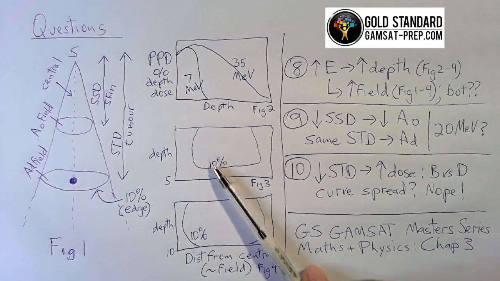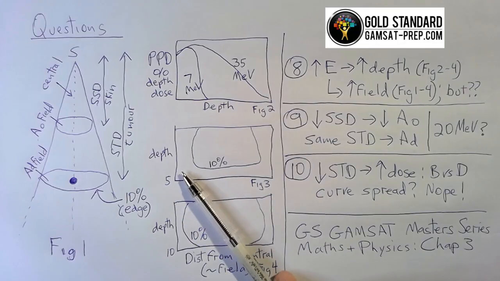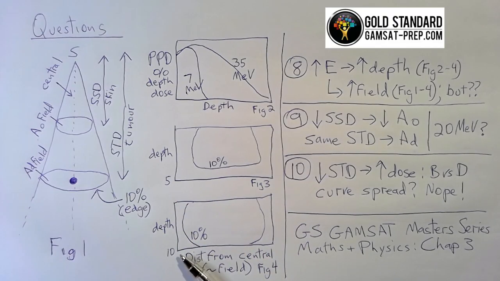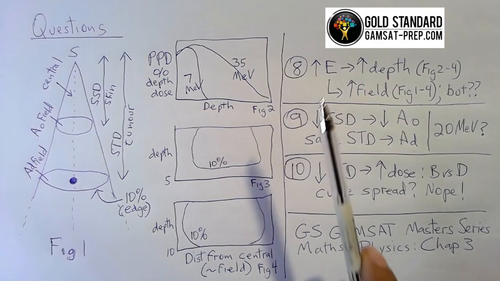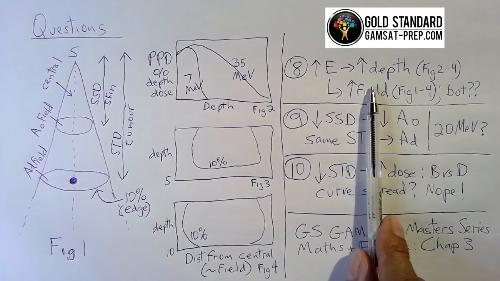You can just follow the 10% line, which is at the edge of the field, and you will notice figure 3, which has less energy, the scale for the depth only goes to 5, whereas figure 4, which has more energy, the scale goes to 10. So it's clear that with increased energy, there is increased depth.